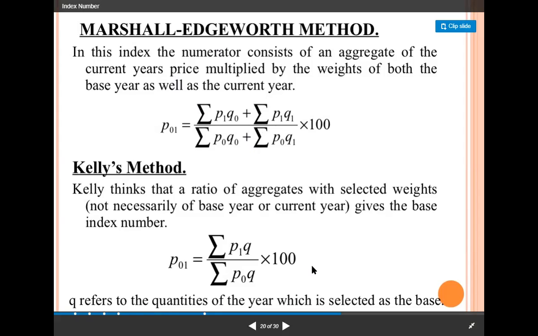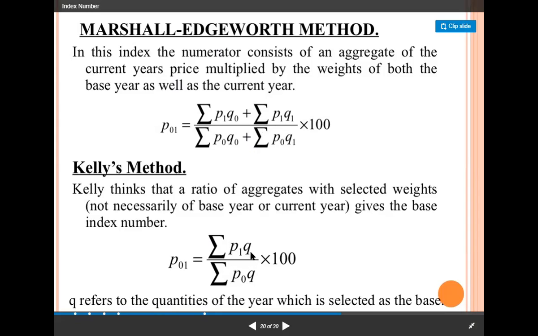Then next one, Kelly's method, Kelly's formula, Kelly's index number. Kelly thinks that the ratio of aggregates with selected weights, not necessarily of the base year and current year, gives the index number. So here P01 equal to summation P1 Q by summation P0 Q into 100. Here P1 is the current year price, P0 is the base year price.